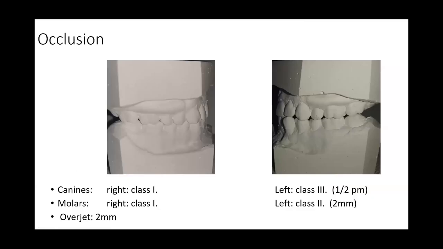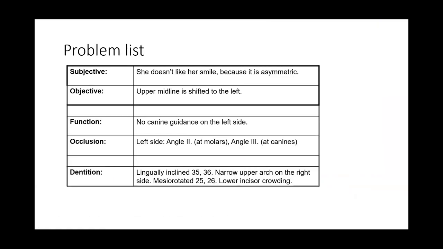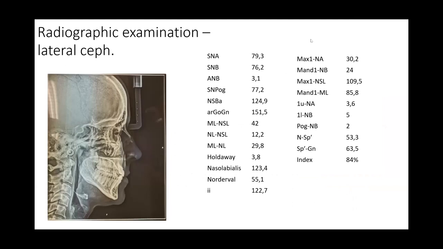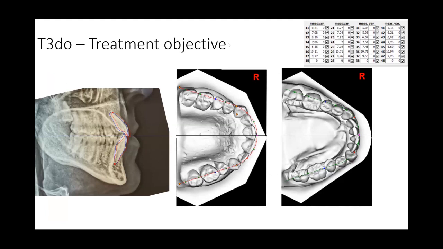So I move on. This is her Ceph. I think she has a straight profile, so skeletally she has no problem. Okay, I move on to the occlusogram.